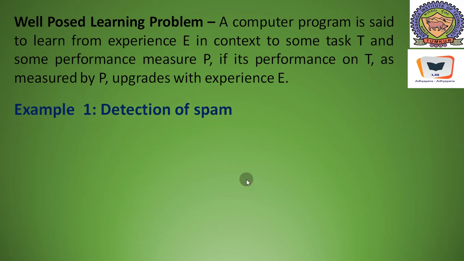Therefore, a well-posed problem has three elements: what task is to be done, what the performance measure is, and what experience should be provided for a machine. And we will go through at least 10 examples to reinforce our understanding of what we mean by a well-posed problem and categories of well-posed problems.